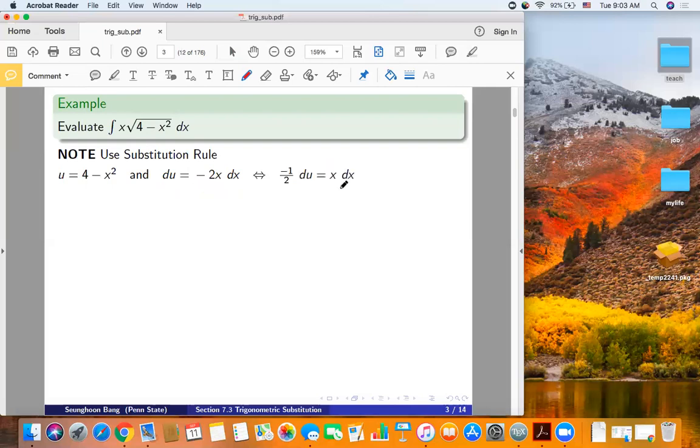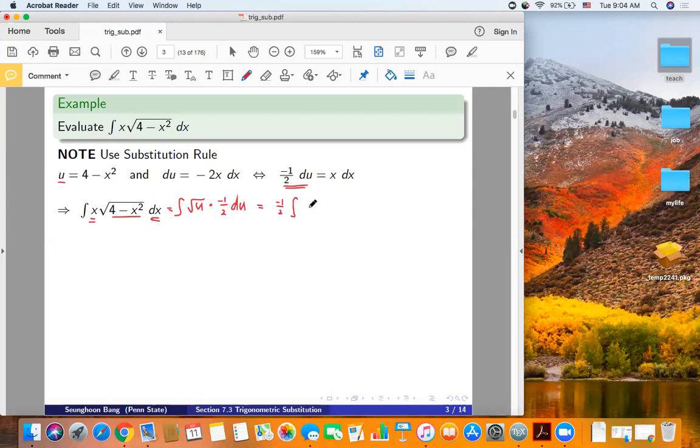So we have it like this. The next thing, you have to substitute. This is the integral. The 4 minus x squared is u, so the square root of u times x dx. X dx is negative 1 over 2 du. You can take out minus 1 over 2.